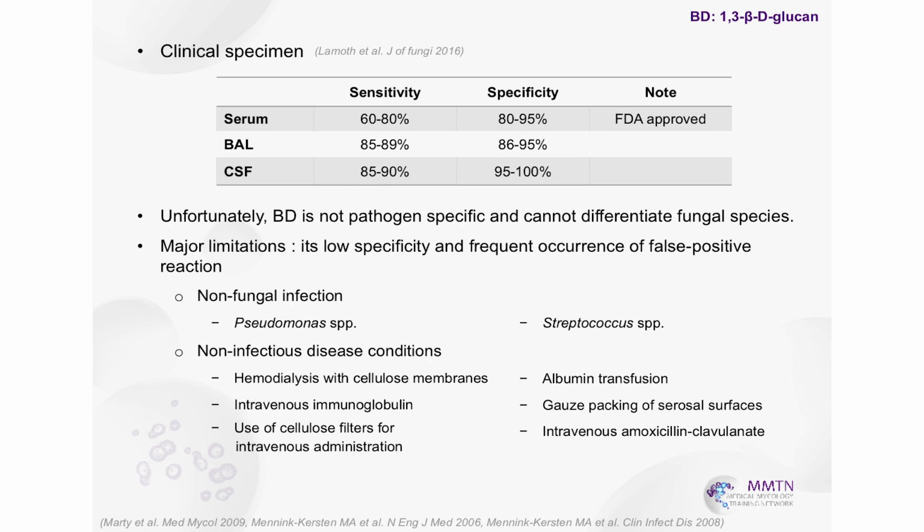Unfortunately, BDG is not pathogen specific and cannot differentiate fungal species, but it can help to guide us. If the BG is positive, it could be Pneumocystis, septate hyphae, or yeast. After that, we can use the same sample and test with galactomannan or mannan, so we can differentiate which kind of disease it is.